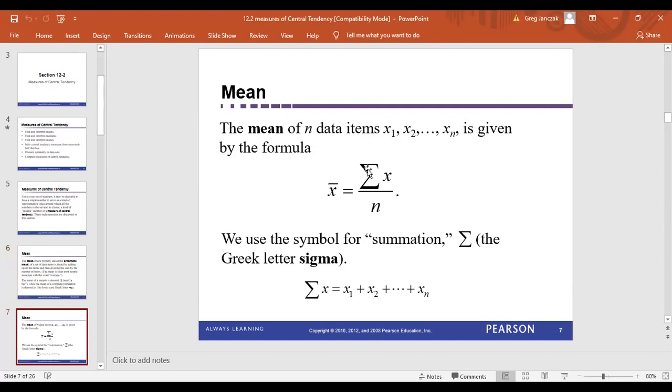This E-looking symbol is the Greek letter sigma, and that symbolizes the sum, where you're adding up all the tests. So sigma is just the sum, or adding up all the items over the total number.